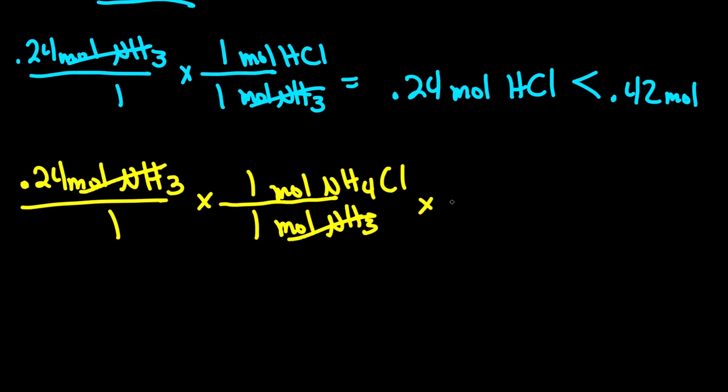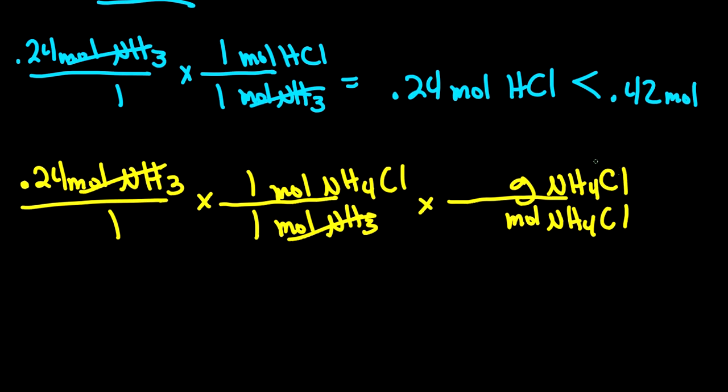Now I got to figure out a mole to mass conversion. So moles of ammonium chloride go on bottom, and grams of NH4Cl go on top. So 1 mole of ammonium chloride is how many grams? Well, chlorine is 35, hydrogen is 1, there's 4 of them, and nitrogen is 14.